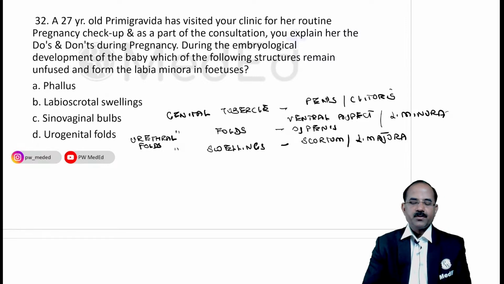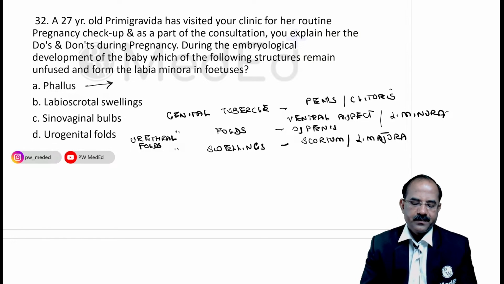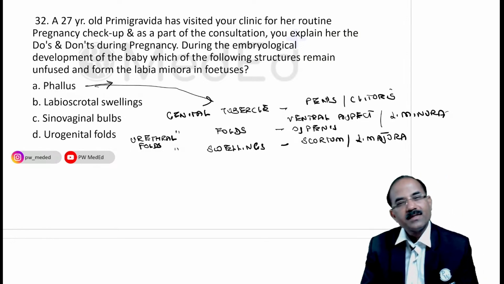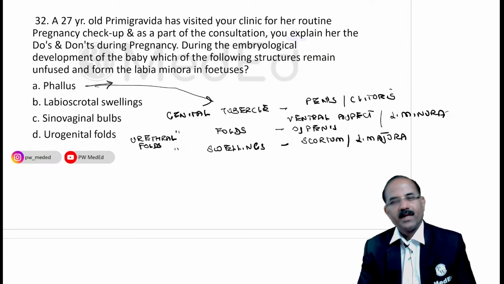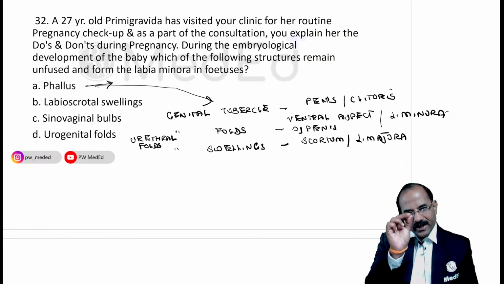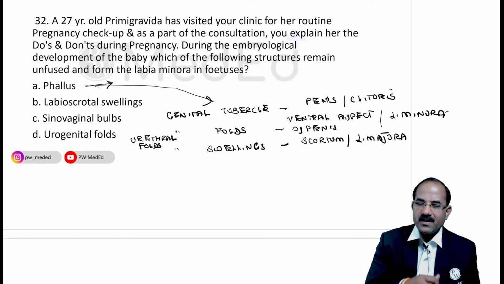Phallus is the genital tubercle. So the genital tubercle forms a phallus, the future penis or clitoris. The genital tubercle forms a small elevation with the phallus. The phallus will form the penis in males and clitoris in females.